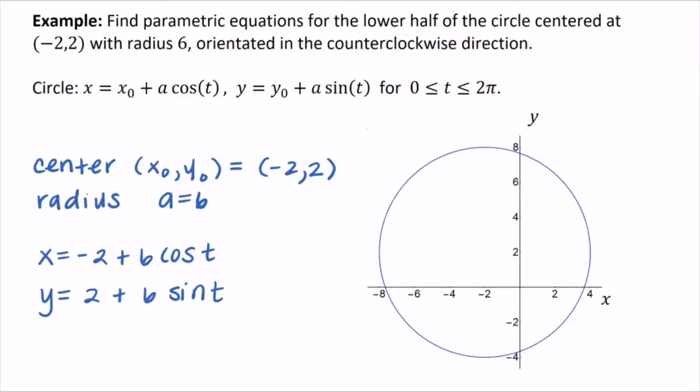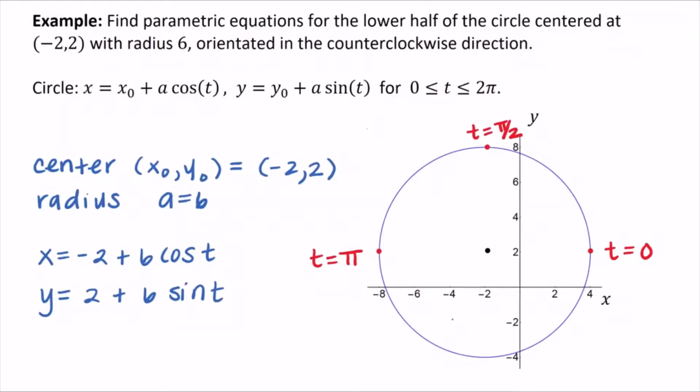So let's consider the graph of the complete circle on an xy axis. Recall that t equals 0 corresponds to the point on the circle directly to the right of the center. And as we move to t equal to pi over 2, we should have the point directly above the center, or we will have traced 1/4 of the circle.